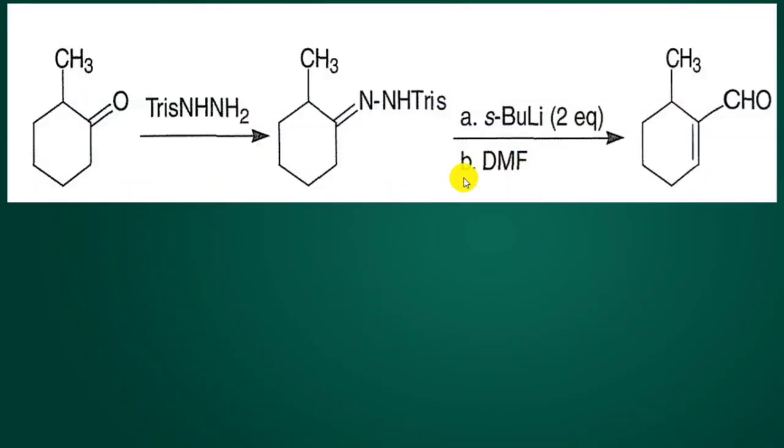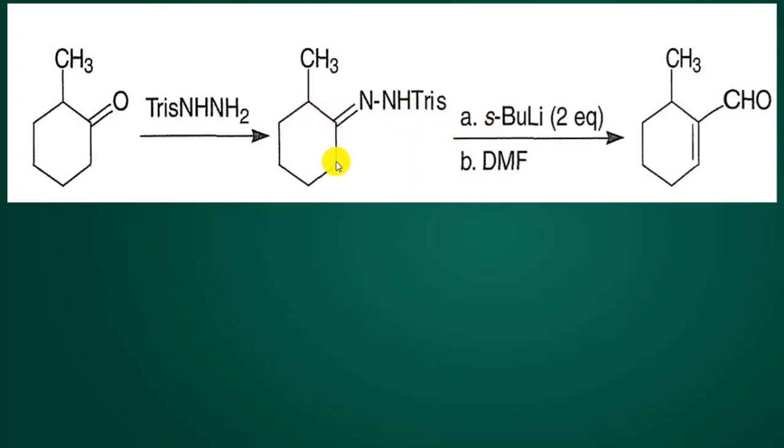Here are some examples. Once again, this is the ketone and this is the hydrazine. First it forms the hydrazone, then on reaction with two molecules of base, the first molecule of butyl lithium abstracts this NH proton, and the second molecule of butyl lithium. Now there are two positions, this and this.